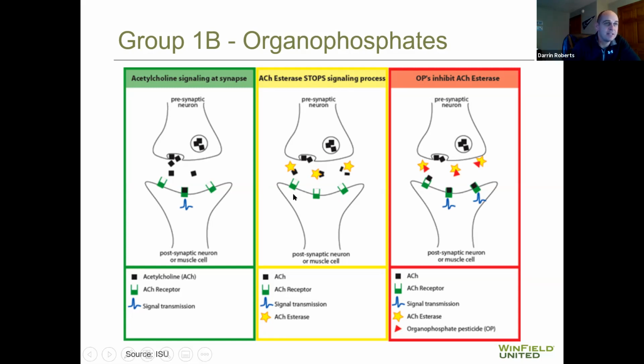The way we stop that is acetylcholine esterase. It helps to break down acetylcholine, and that's what this is showing here. The stars represent that enzyme, acetylcholine esterase, and it's breaking down the acetylcholine to stop the signal. And so that helps to stop the muscle from firing. Now, where organophosphates come in is they disrupt the activity of acetylcholine esterase.